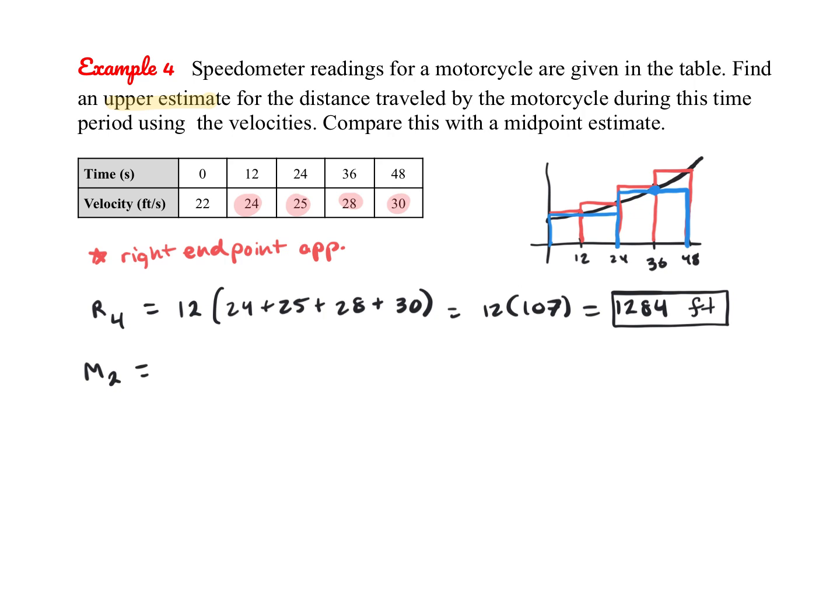So here, the width of our rectangle is 24. And then we are going to use the height at 12, and we'll use the height at 36. So times 24 plus 28. So 24 times 52 is 1,248.